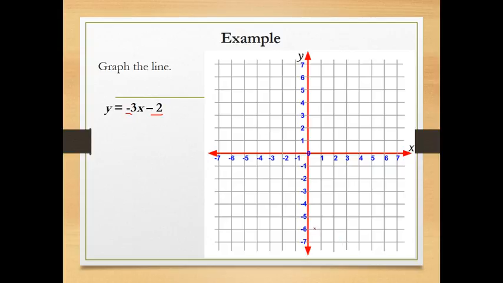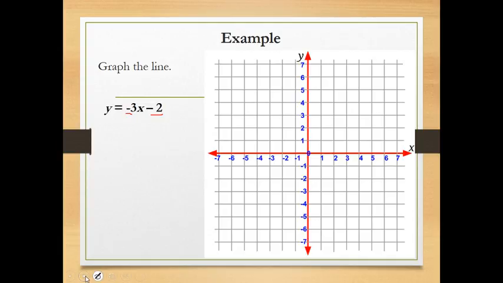And it's going to be a steeper downhill than the line that we just graphed, because that -3 is larger absolute value-wise. So in my head I already have an idea of what this line looks like. The only other piece of information I need to know is that it crosses this graph at the y-intercept of -2. Remember, always associate that sign immediately to the left as being the value of that number.